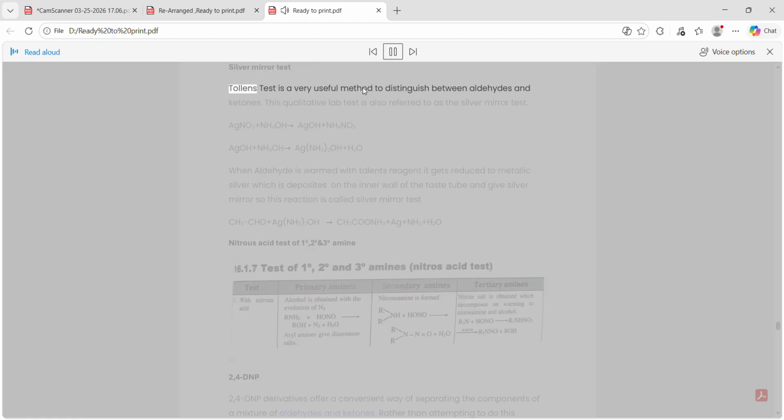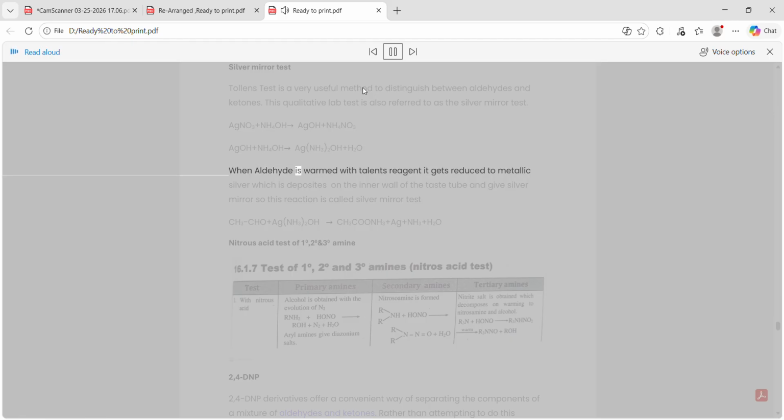Silver mirror test. Tollens test is a very useful method to distinguish between aldehydes and ketones. This qualitative lab test is also referred to as the silver mirror test. AgNO3 + NH4OH gives AgOH + NH4NO3; AgOH + NH4OH gives Ag(NH3)2OH + H2O.